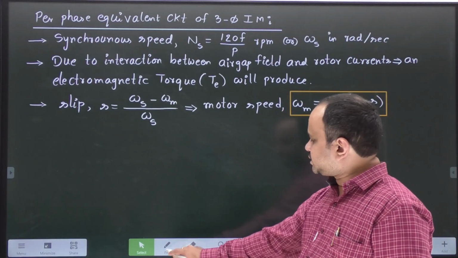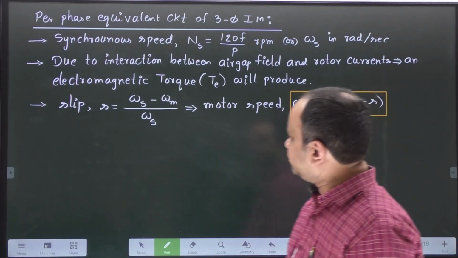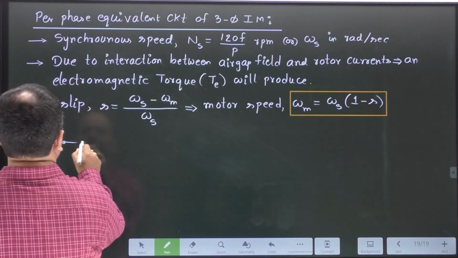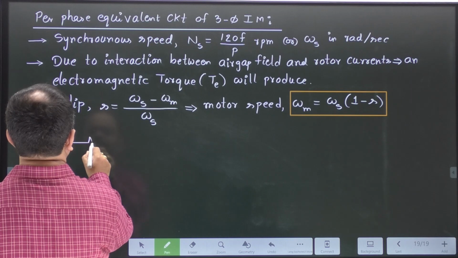Now, just for more convenience, let us draw equivalent circuit, per phase equivalent circuit.